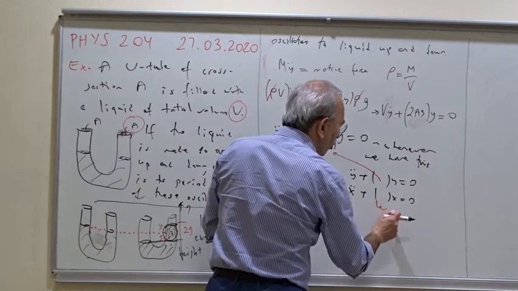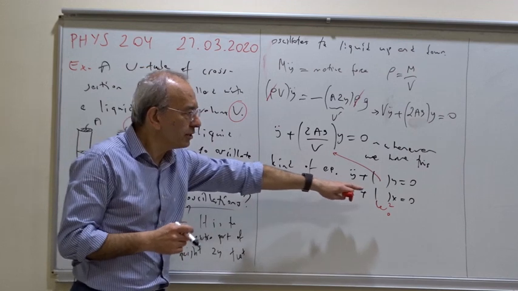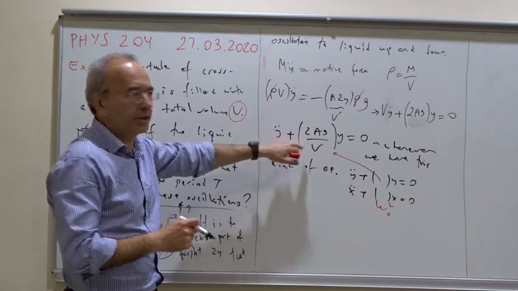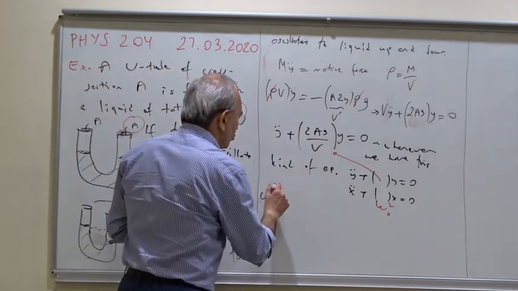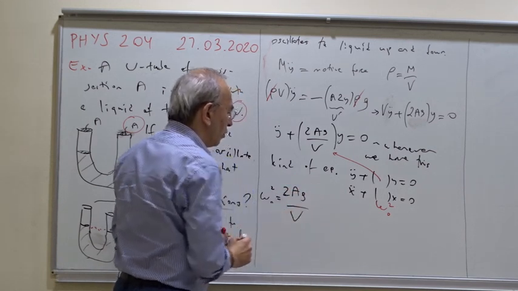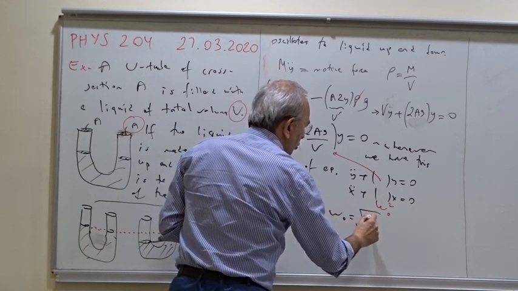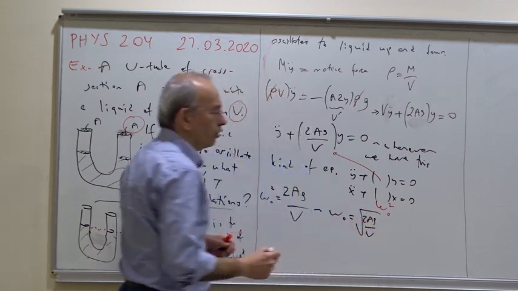So omega 0 squared will be 2Ag over volume. Therefore, omega 0 is root 2Ag over volume.